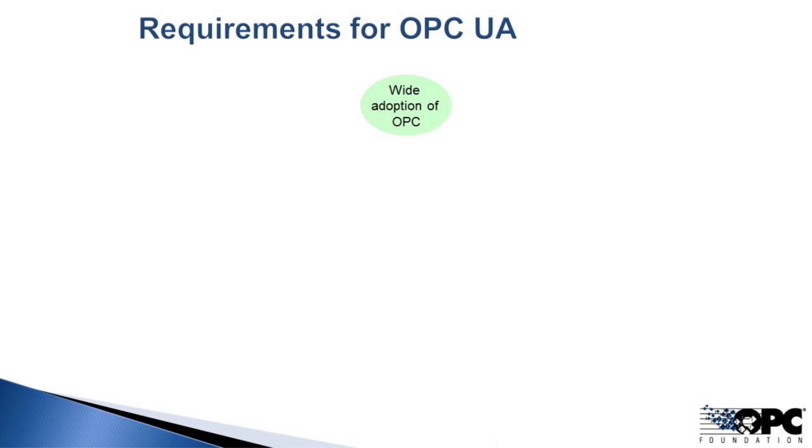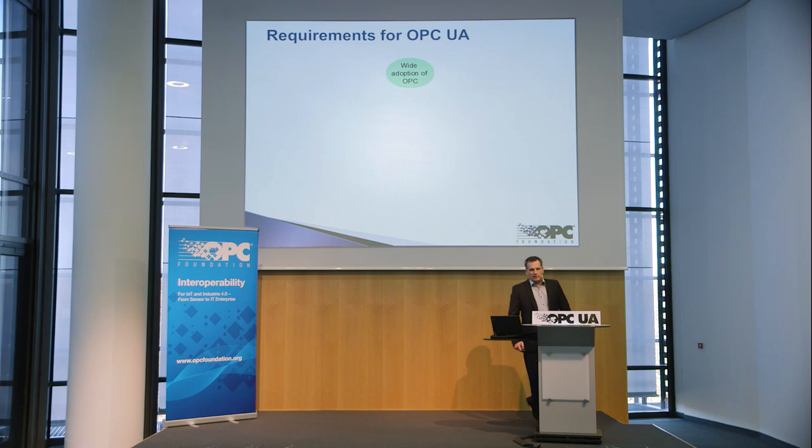Based on this technology, there were new requirements coming up, and that was the reason why OPC UA, the new generation OPC technology, was developed. On the one side, we have the wide adoption of OPC Classic, but we want to use OPC as a common system interface. And to do that, we need something we call scalability.